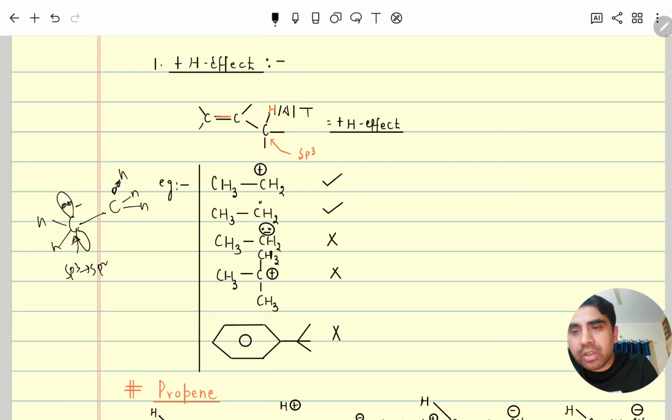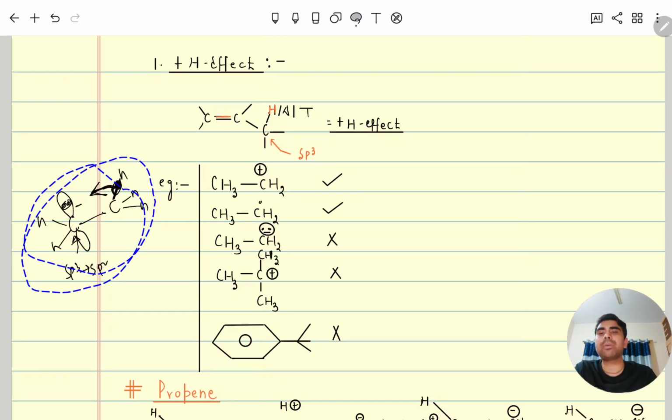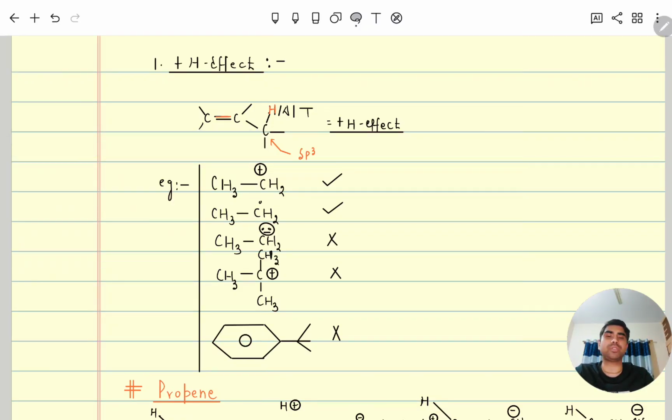So these two electrons and the sigma electrons are strong, and relatively less polarized. But here also two electrons, here also two electrons, so polarization cannot happen. Means hyperconjugation cannot happen in a carbanion system. It is possible only for carbocation and carbon free radical.